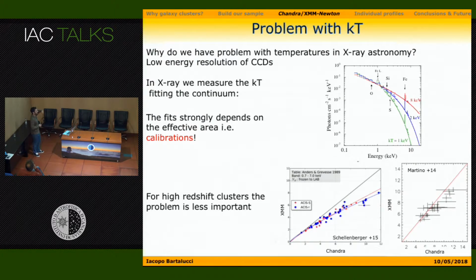But the nice thing is that we are looking at very high redshift objects. So the effective temperature that we are measuring is actually shifted, because of the redshift, to very low energies. So for example, a cluster of 5 keV is shifted to lower energy.